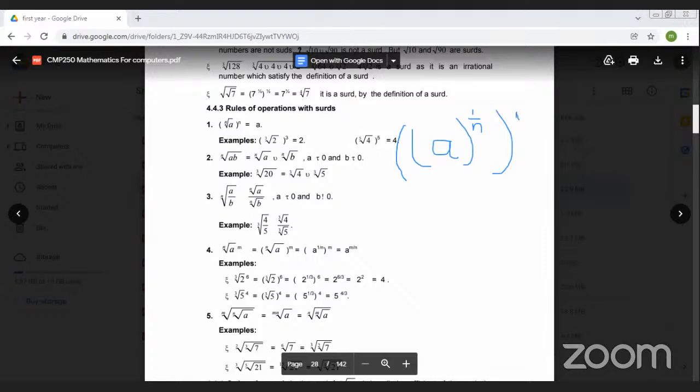And we know a raised to m into n is nothing but a raised to m into n. So n will get cancelled. The value you are going to get is a. Understood?